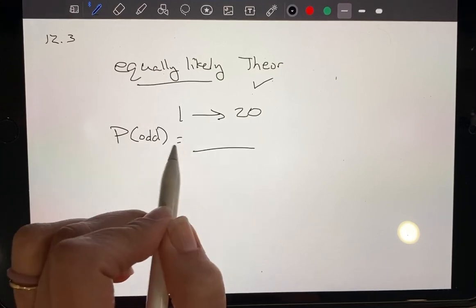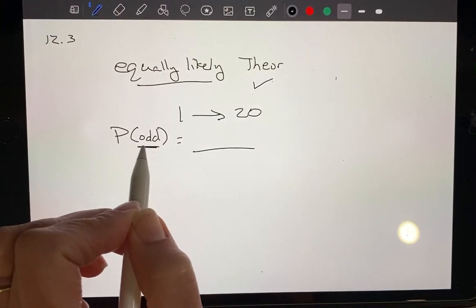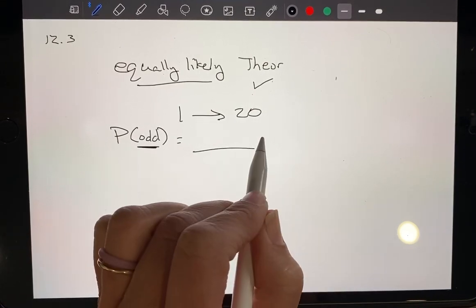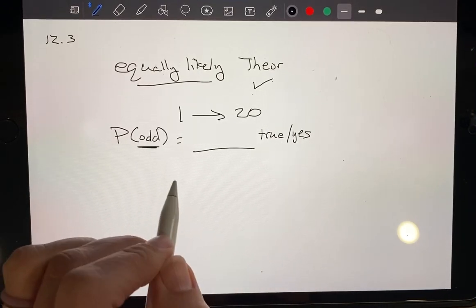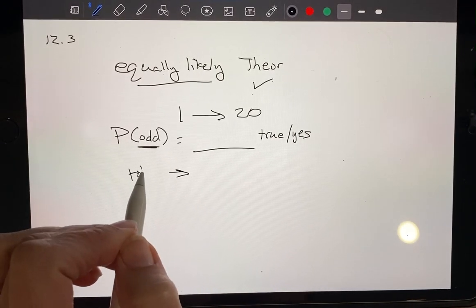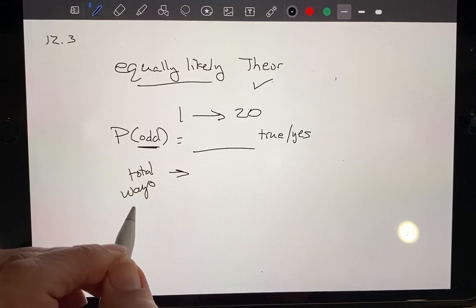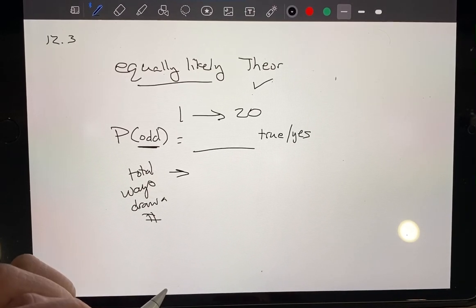So on the top, we have to find the ways that we can make this question true, how can I choose an odd number? We have to make that be true, or like I said, answer the question yes. On the bottom are the total ways that you could draw a number. Because we are looking at drawing numbers.